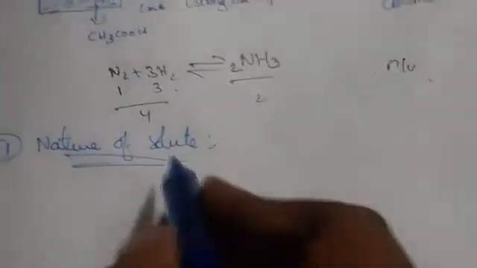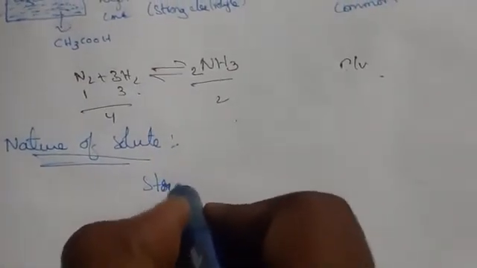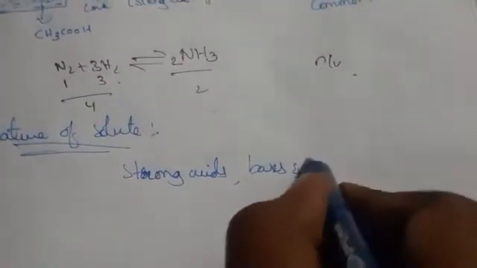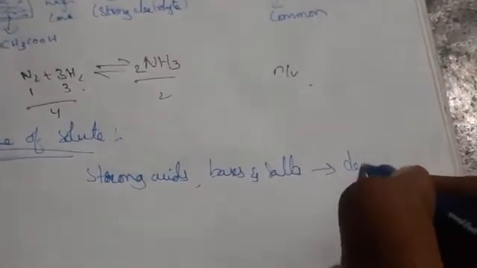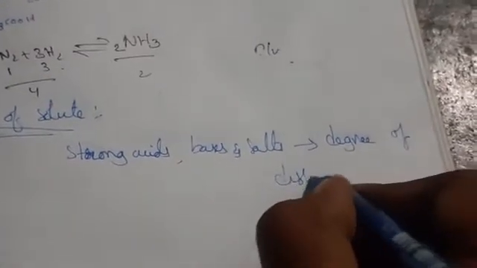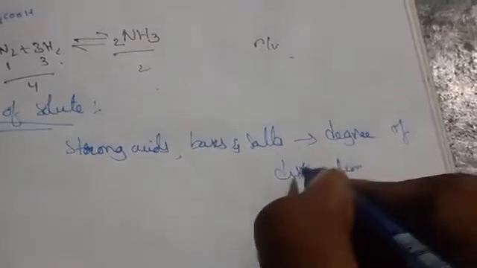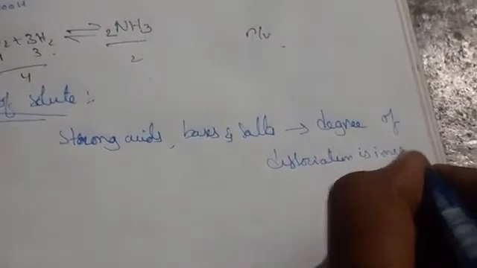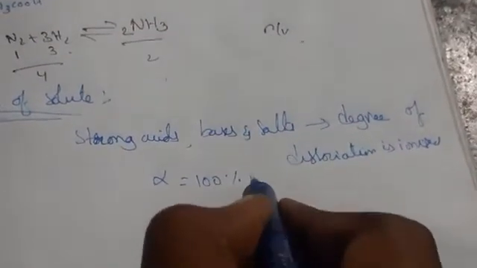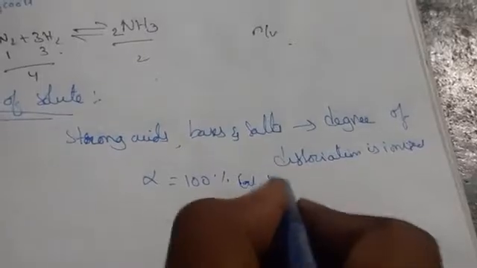Now, the degree of dissociation of this solute: if you take strong acids, bases, and salts, they are completely ionized, which means the alpha value will be 100%, that is 1.